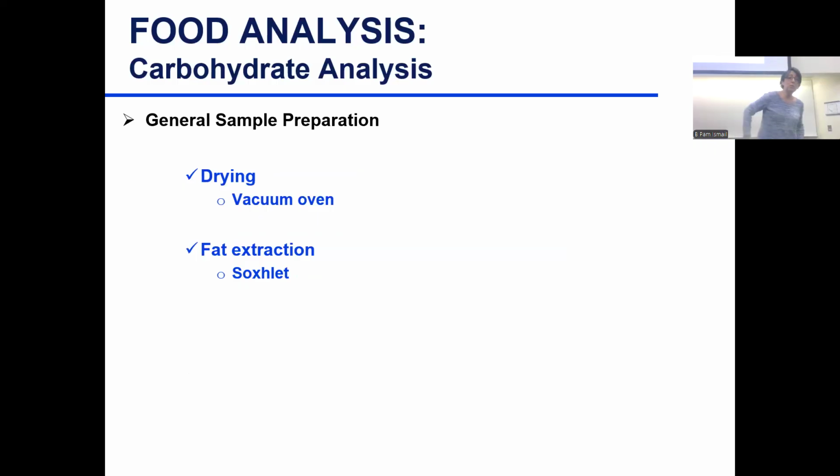What we normally need to do before analyzing carbohydrate, especially if it has moisture more than 10%, is dry. We try to select a drying method that will not cause changes in the chemical composition. Here I have vacuum drying, but freeze drying, if available, would be the better route to maintain the characteristics of the carbohydrate and avoid burning.